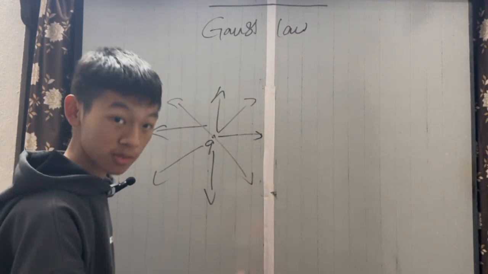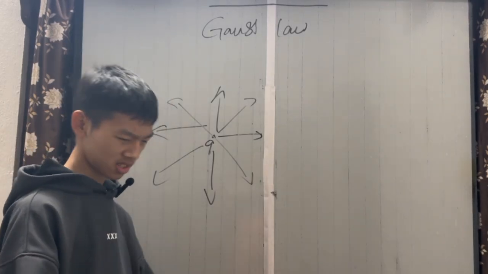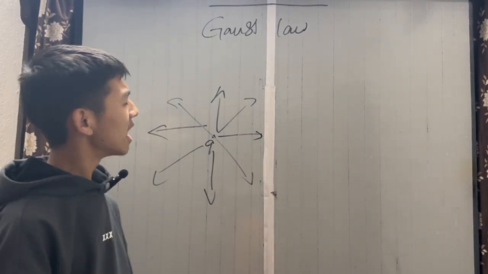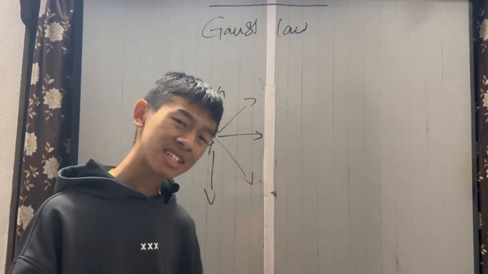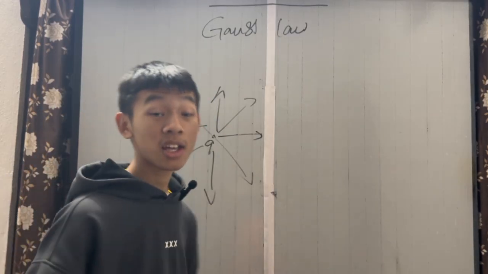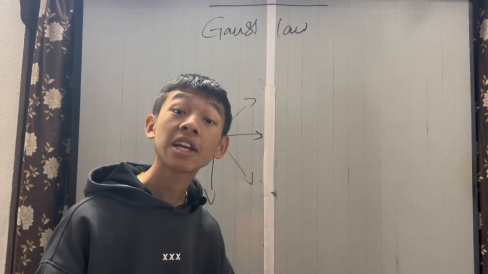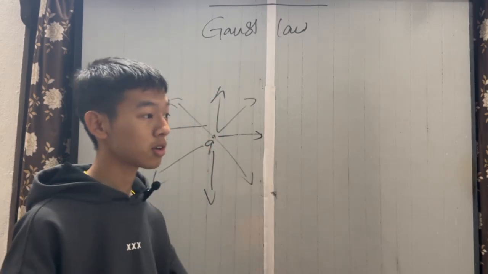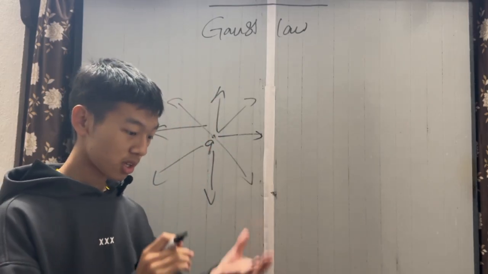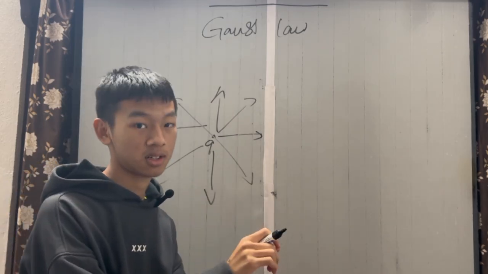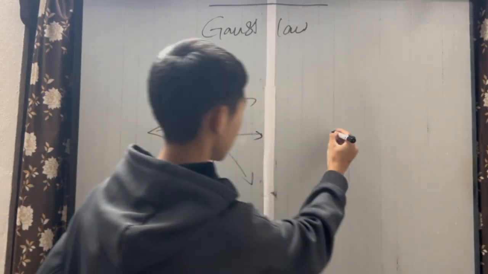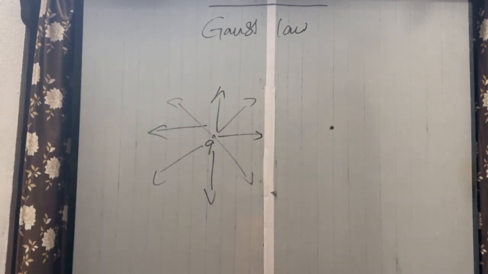Now he thought, let's put a surface here. Not a 2D surface, but a 3D surface, a sphere. He wanted to put a charge inside of a sphere.